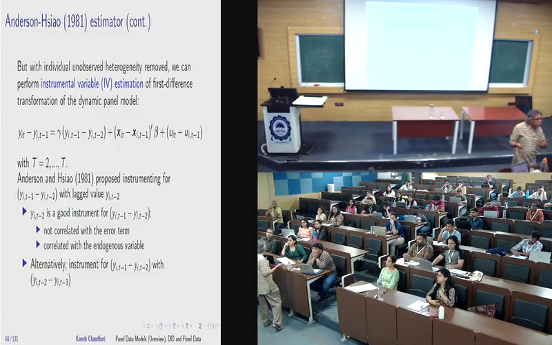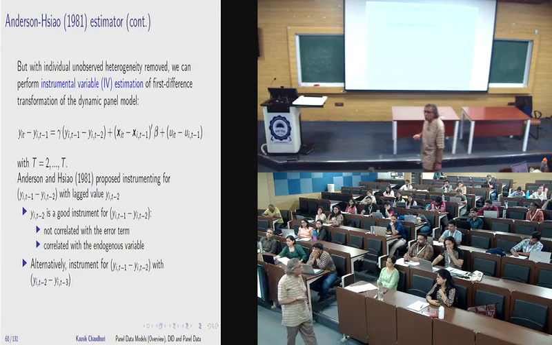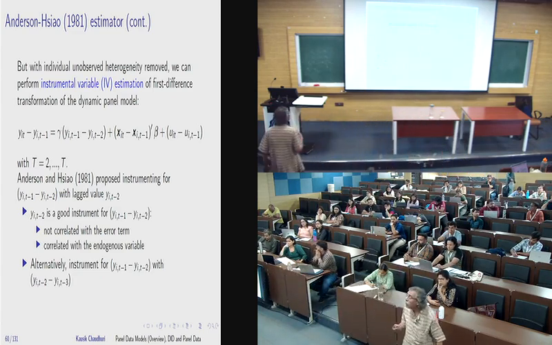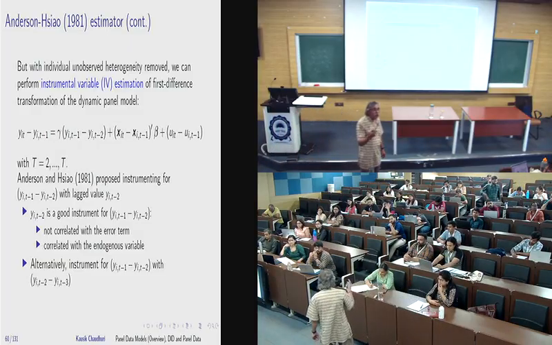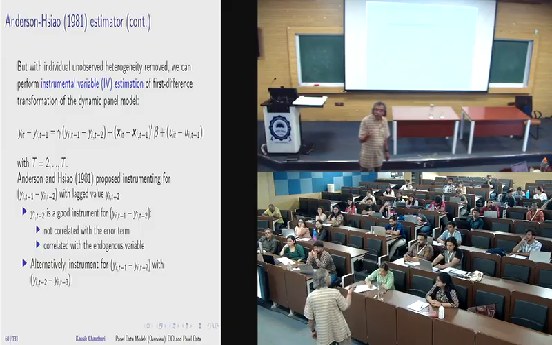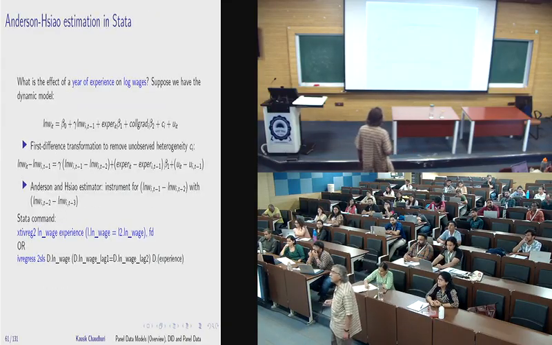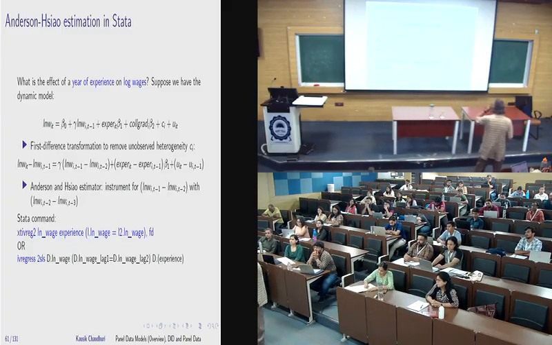A just identified system is when you have one instrument for one endogenous variable, and hence I can do something like a test for over-identification if I use more instruments for one endogenous variable. Clear? Fine? Okay.